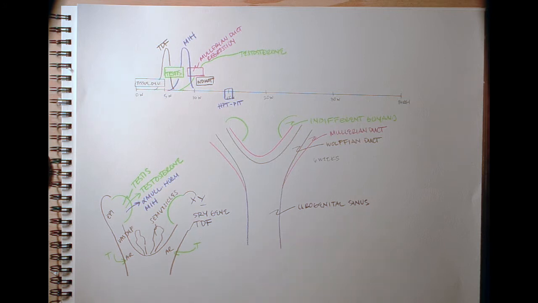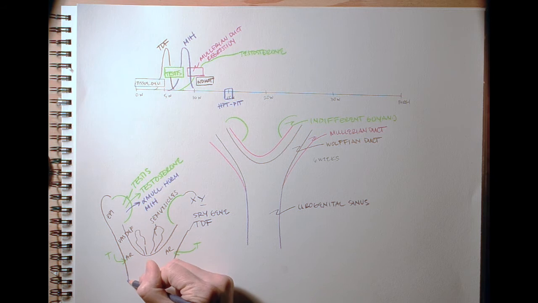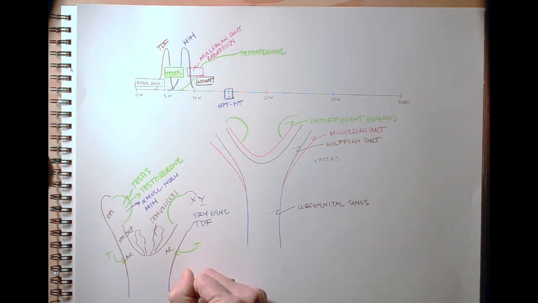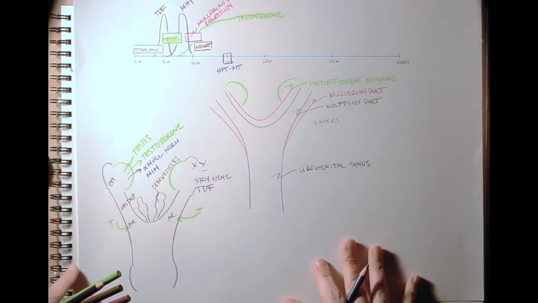Again, all with just testosterone. Again, this is in the genetic male who has testes that are producing both testosterone and that Mullerian inhibiting hormone. The last thing that happens is we have maturation of the urogenital sinus into the prostate.